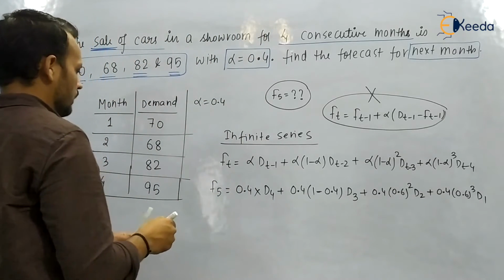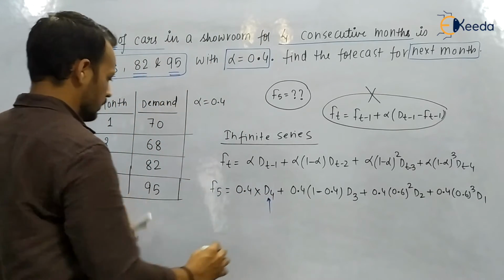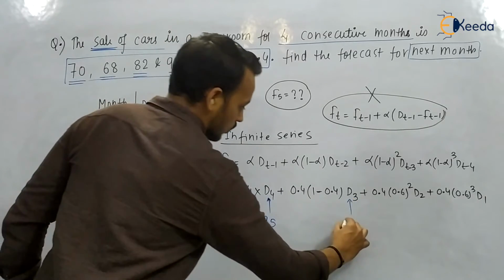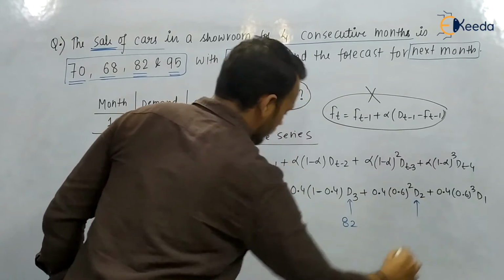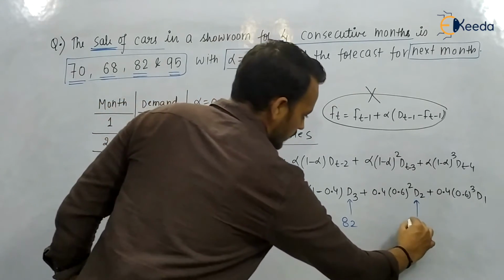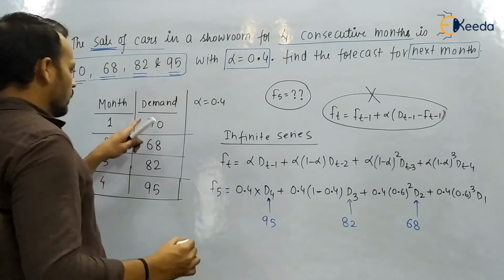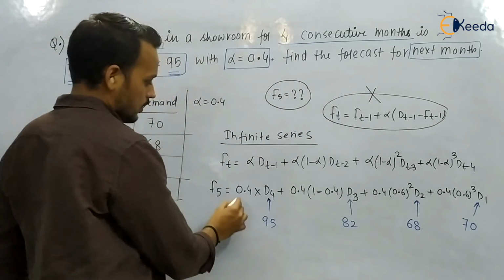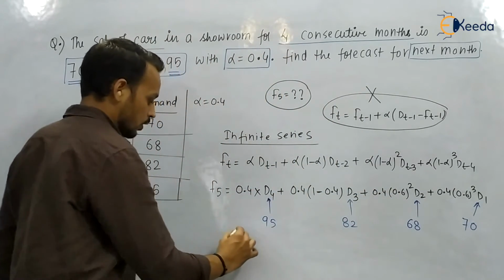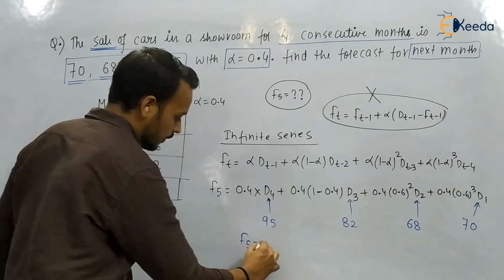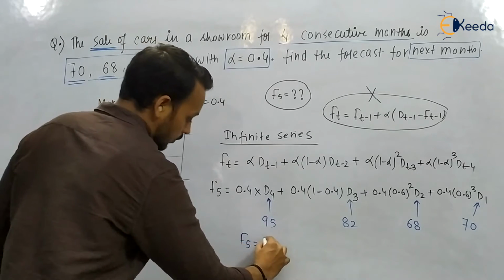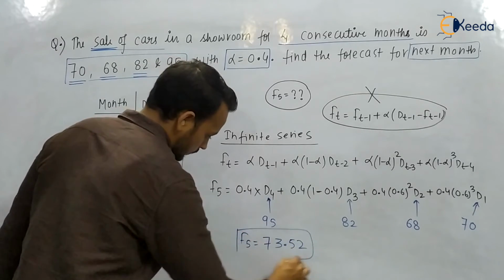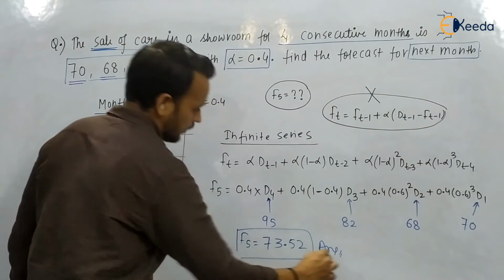Now just put in the data: D4 is 95, D3 is 82, D2 is 68 and D1 is 70. Just calculate it, and you are going to get F5 = 73.52. So this is the answer.